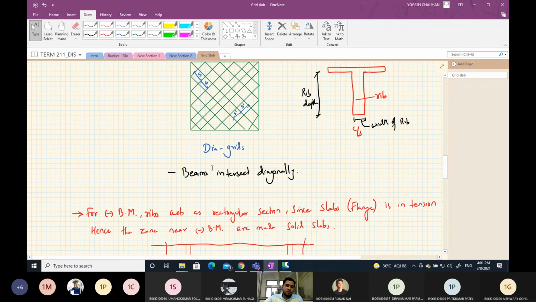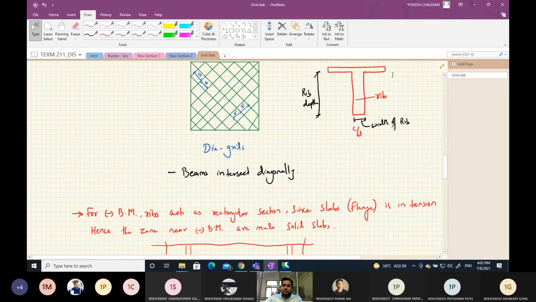Usually the beams in these grid floors are closely spaced T beams, so they are analyzed and designed as T beams, except where there is negative bending moment.